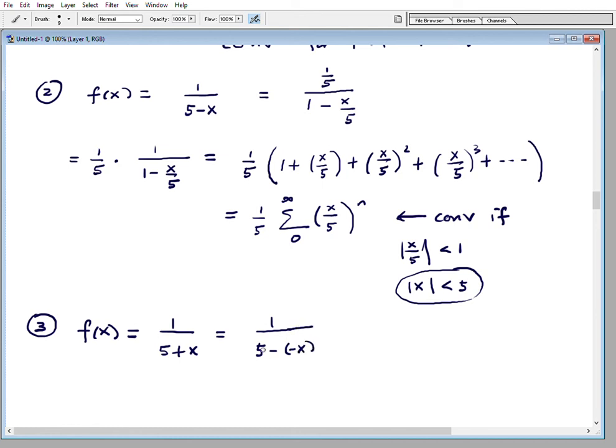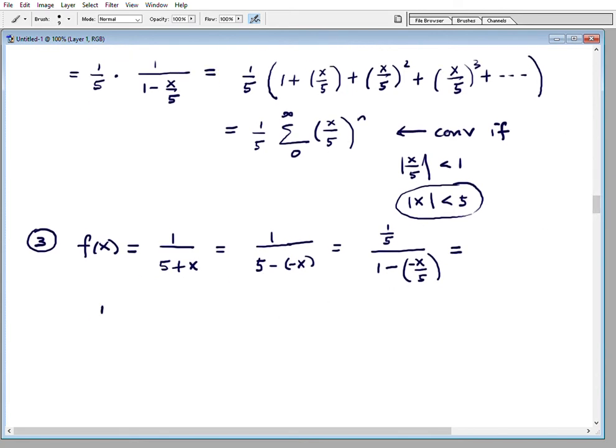Okay, and now do the same trick we did before, divide by 5. Okay, so now we're there really. We'll take the 1/5 out like we did before. Okay, this looks like 1 over 1 minus r.